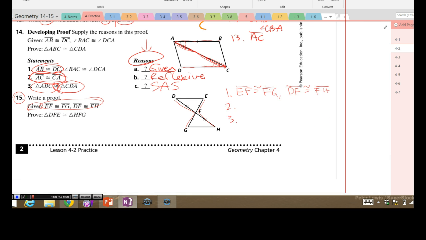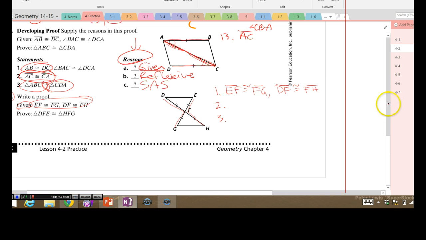I've copied all this, and the reason for saying this is because it's given. The diagram shows it. Next, I need to say something in here, and finally I need to prove that this triangle, DFE, is congruent to the other triangle, HFG.